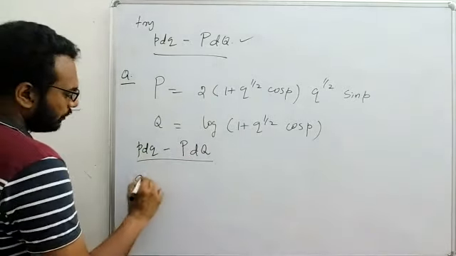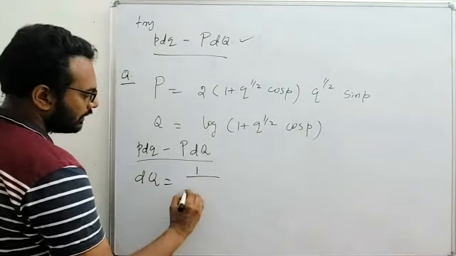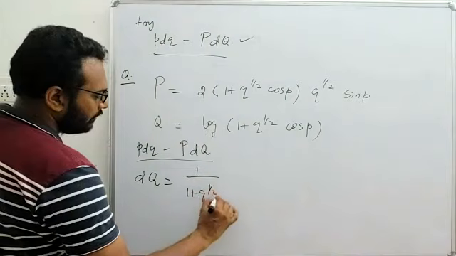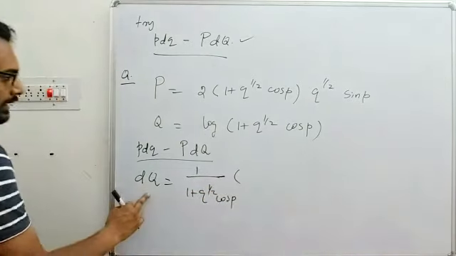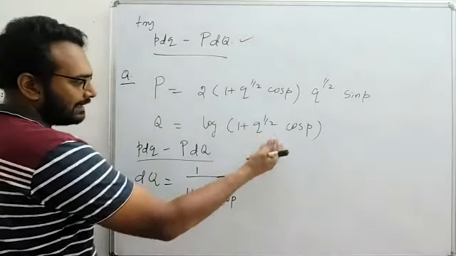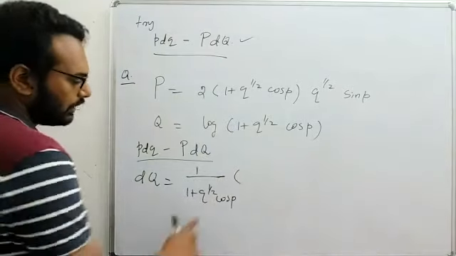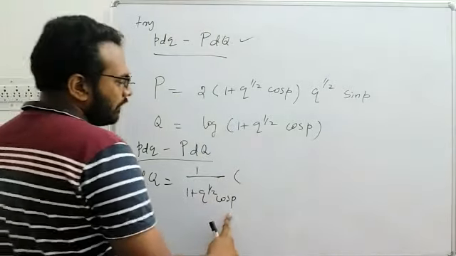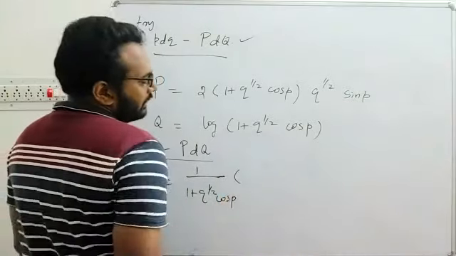So you check dQ. dQ is 1 by 1 plus Q raised to half cos P, multiplied by, you need to find dQ. The derivative of log x is 1 by x. So you got 1 by 1 plus Q raised to half cos P multiplied by the derivative of whatever is in the argument.